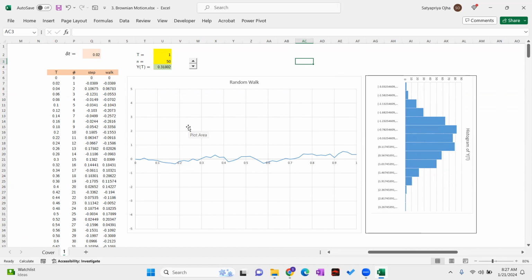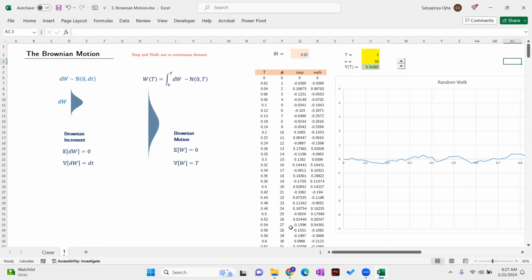Okay. Now, question. By the way, Brownian motion. Today we are doing a very informal introduction to Brownian motion. There are a lot of nice properties of this particular entity, and there is a special branch of calculus devoted to handling Brownian motion, called stochastic calculus. It is not ordinary calculus.